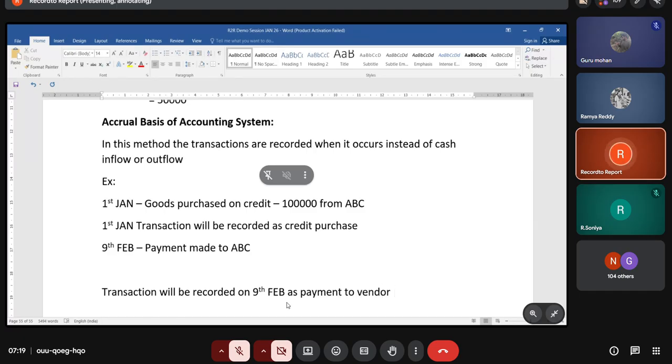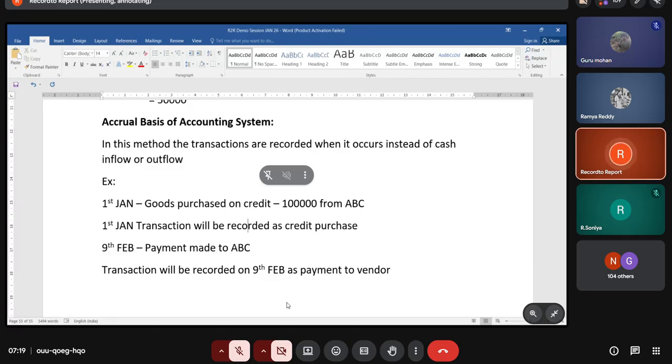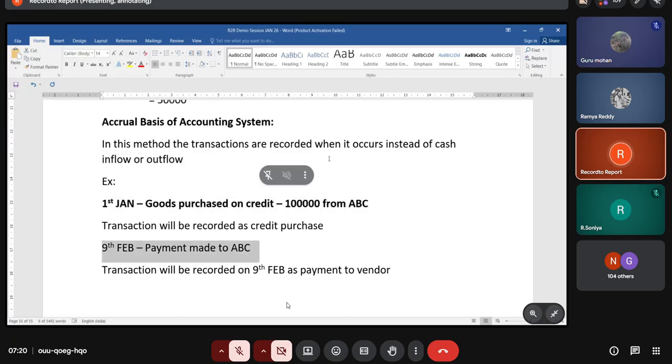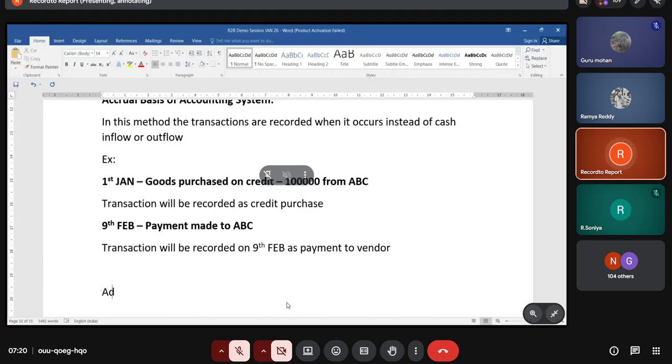So when the transaction happens, they record whether it is a credit purchase or cash purchase, and when the payment happens, they record that too. Both times they are recording, so is there any missing of transactions if you follow this method? No.